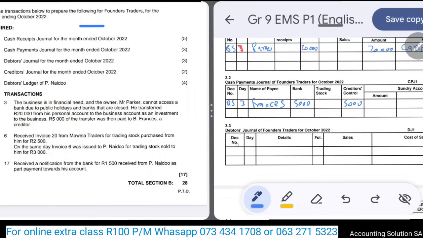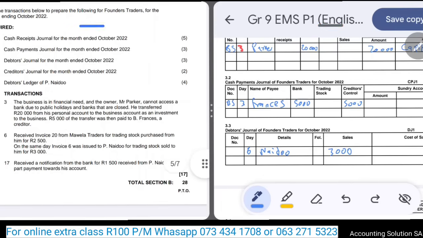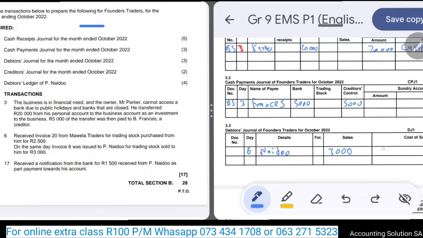We're going to say on the 6th, Naidu purchased the stock for 3,000, and the cost of sales, remember that they say this was purchased for 2,500 from our supplier, which means that it's the cost of sales.